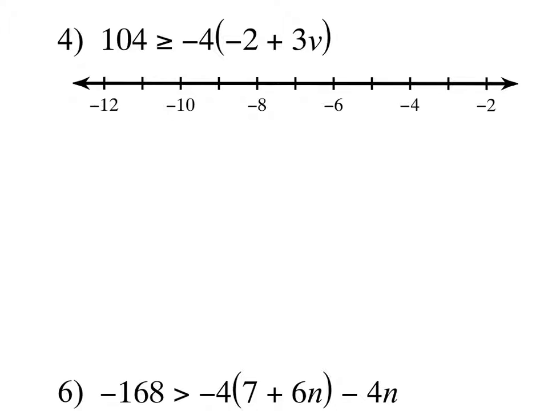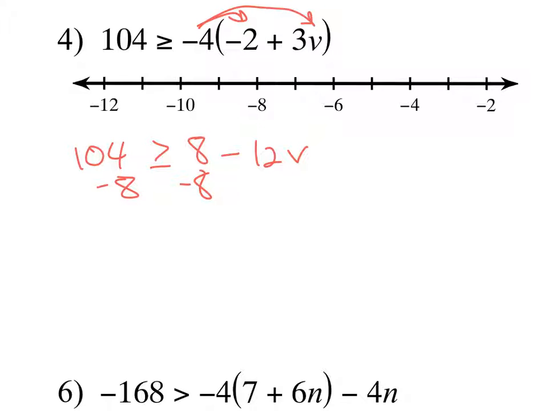In this problem, I first have to distribute the negative 4. Then I'll have 8 minus 12v, and 104 is actually less than or equal to negative 104. So take away the 8. I'll have 96, our symbol, and negative 12v.